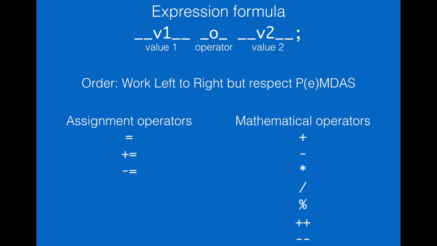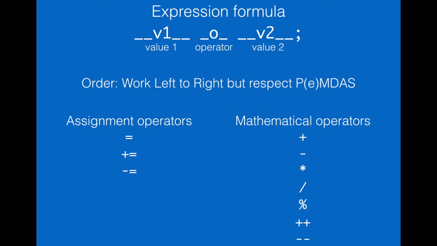So you've already seen this where we had a variable name on the left, the assignment operator in the middle, and a value such as a string or a number over on the right. A very normal thing. The code is going to be working from left to right with respect to PEMDAS. Remember that from order of operations: parentheses, exponent, multiply, divide, addition, subtraction. All right, so that's just an FYI.